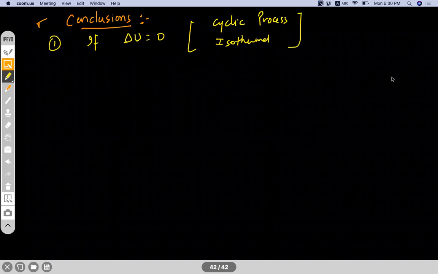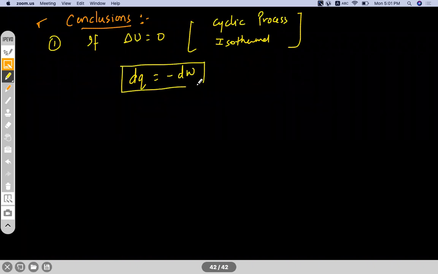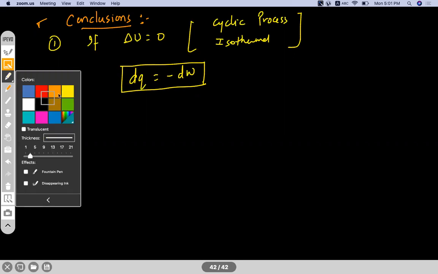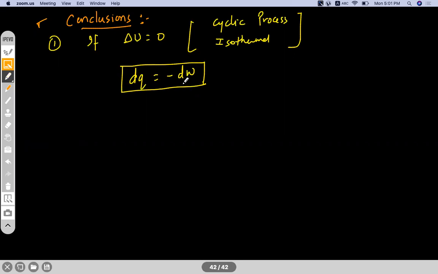So when the change in internal energy is 0, what can we write? dq is equal to minus dw. One way is this we can write. And if you write this expression, it means what? Minus dw is work done on the system or by the system? It is Wd, work done by the system. Understand it carefully.